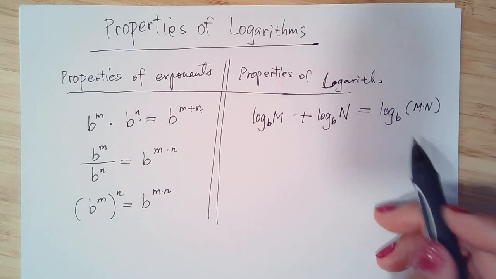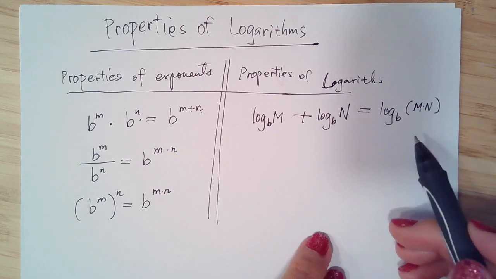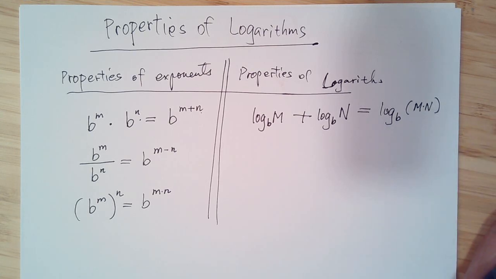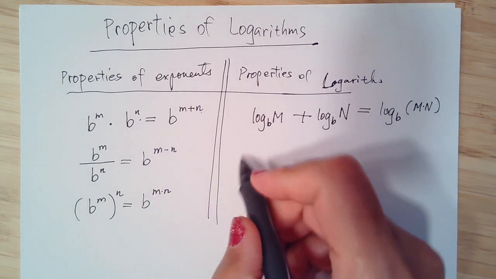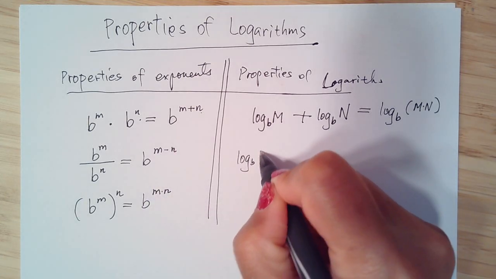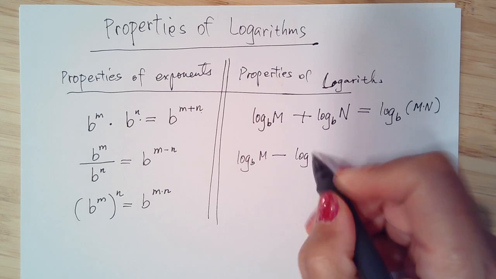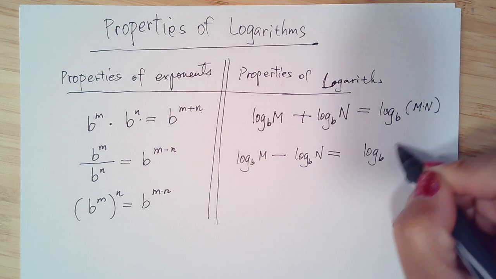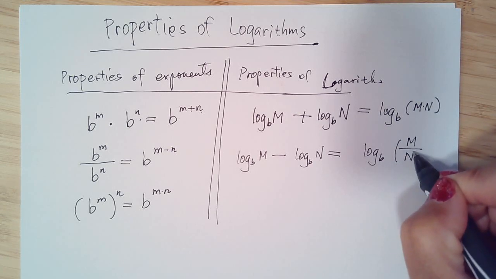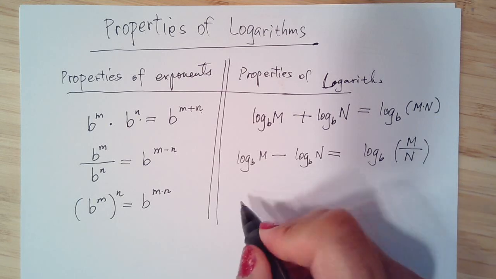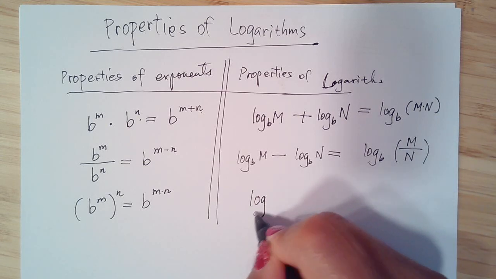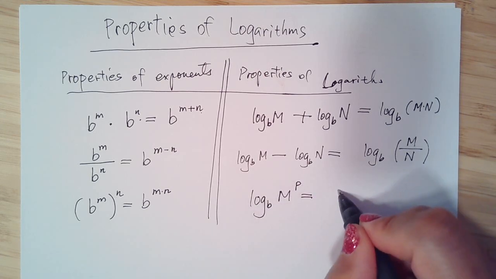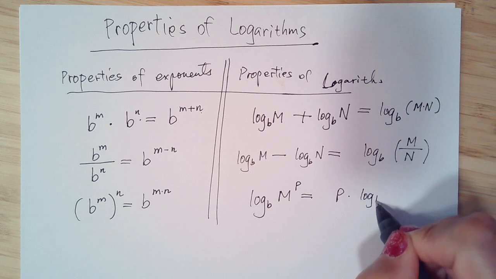So if you want to take a log of a product, you can take the log of the first one plus the log of the second one. Okay, and this one: log base b of m minus log base b of n is log base b of m over n. All right, and then the last one: log base b of m to the power n, I can bring the power to the front.